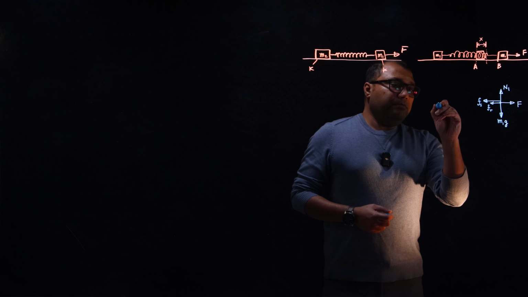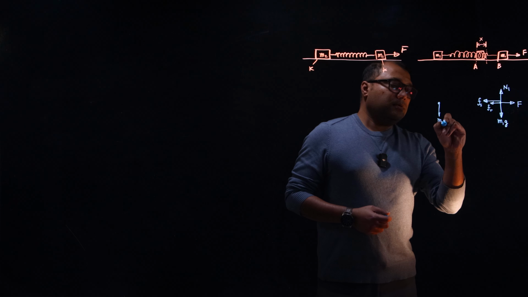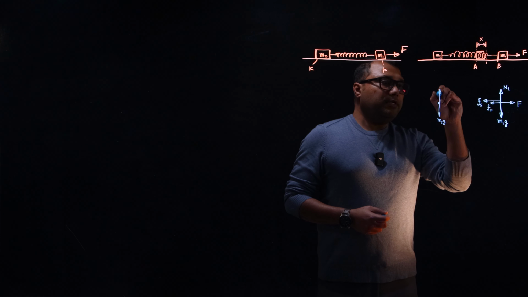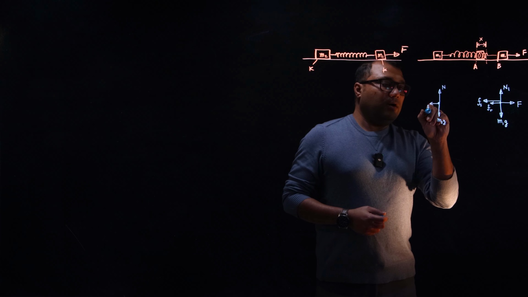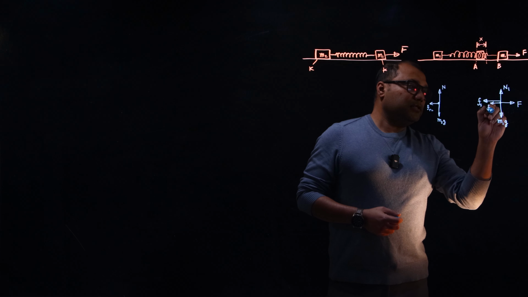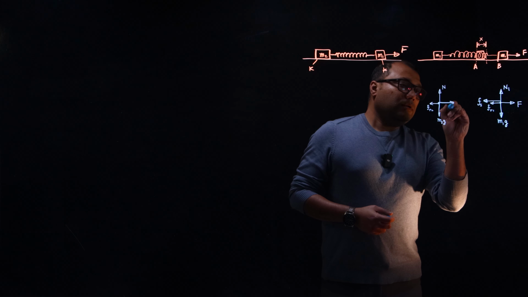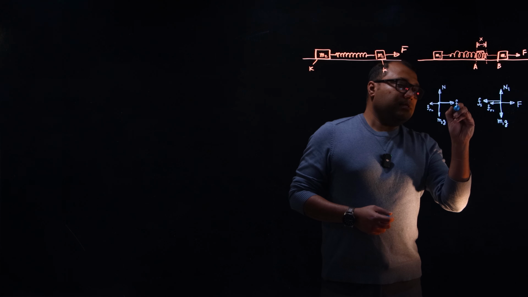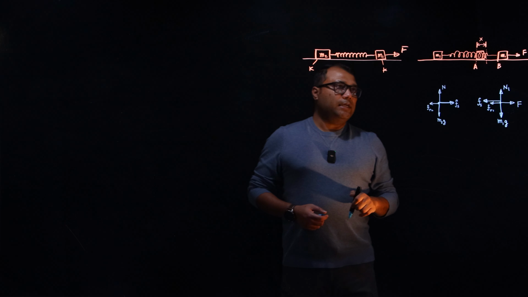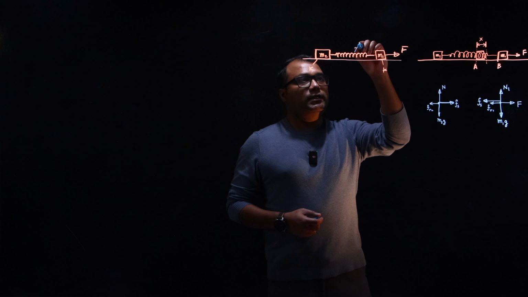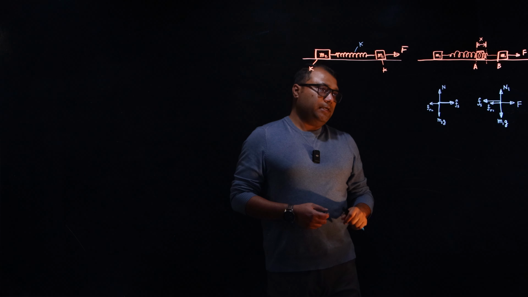Now for m2 we have m2g, the normal reaction, the friction force Fr2, and this is Fr1, and the spring force is acting this side. It is the same spring force, k times x, where k is the spring constant.